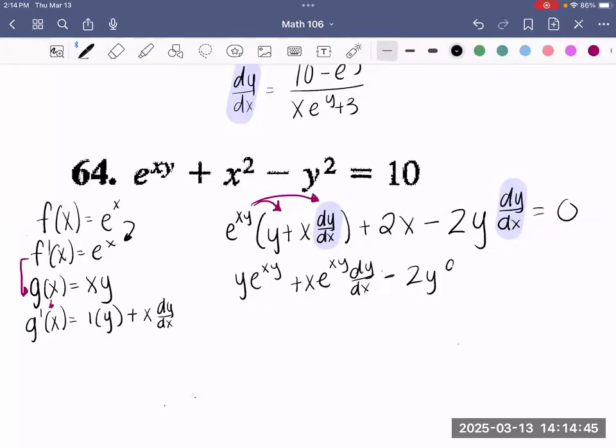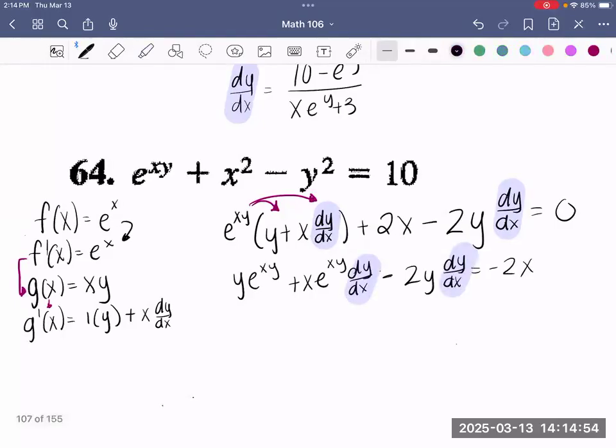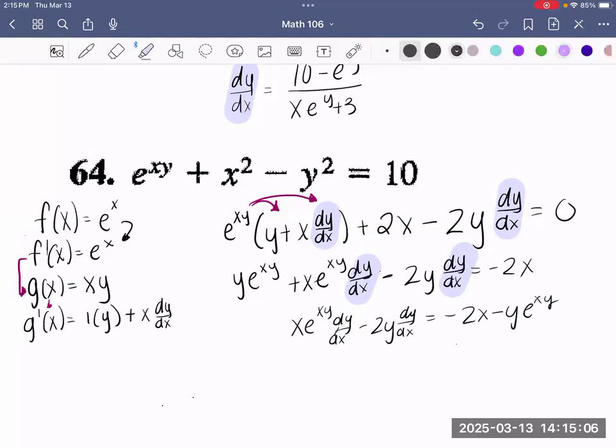Minus 2y dy dx is equal to negative 2x. And then let's go ahead and try to get your dy dx's alone to one side. So now that they're alone, we go from 2 of them into 1 by factoring them out.